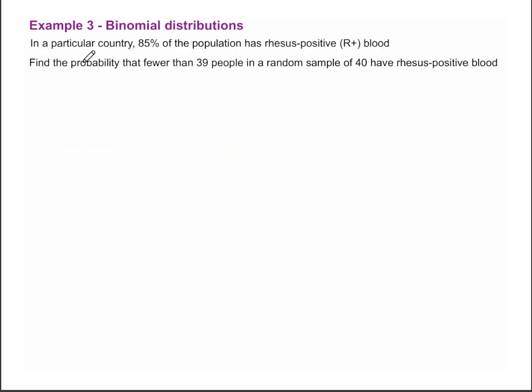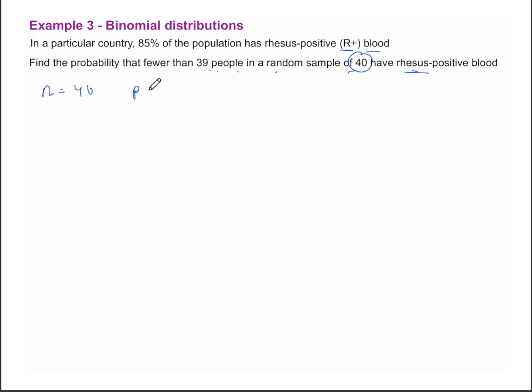Next, in a particular country, 85% of the population has R positive blood. Find the probability that fewer than 39 people in a random sample of 40 have R positive blood. So here, the total number of people we have is 40, which means our n is equal to 40.